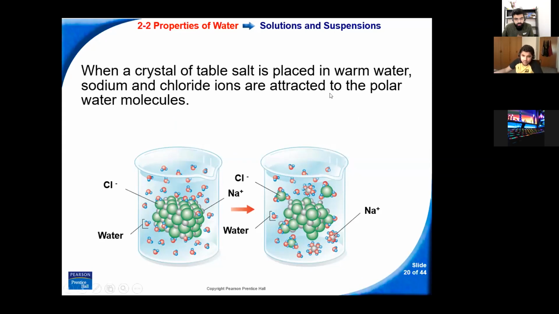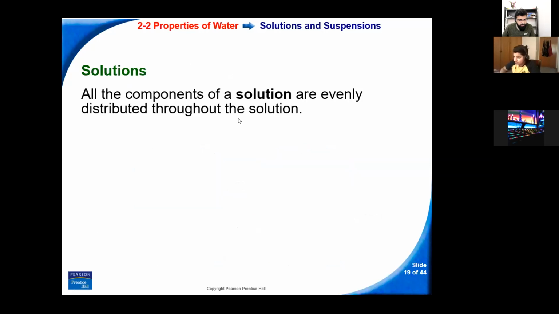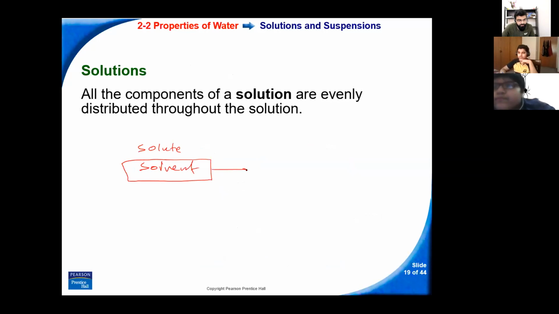I was saying the solutions consist of two main parts, the solutes and the solvents. And we said the most important solvent in living things is what?